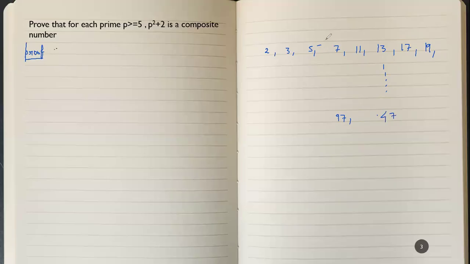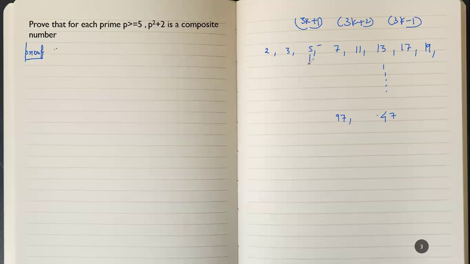So the primes which are greater than or equal to 5 can be written as 3k plus 1, 3k plus 2 or 3k minus 1.